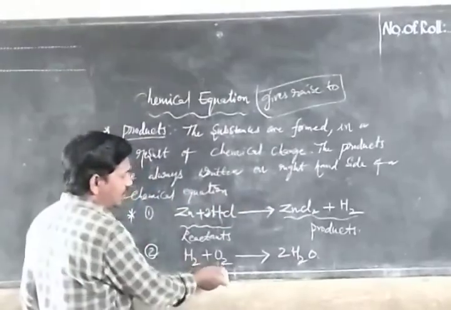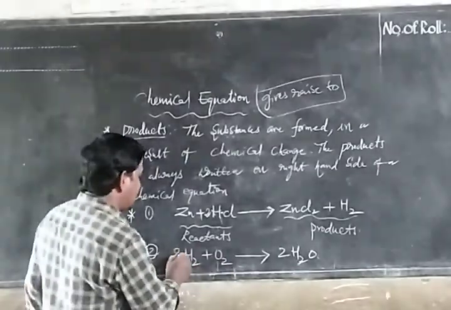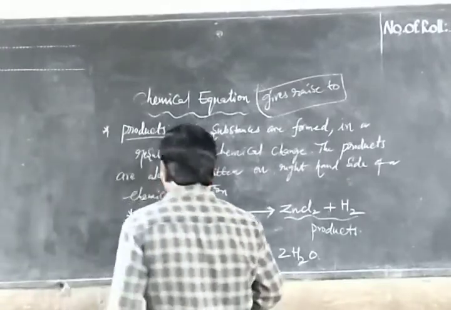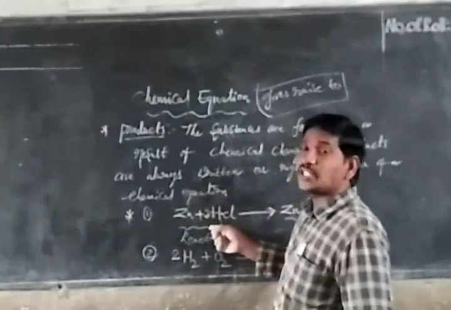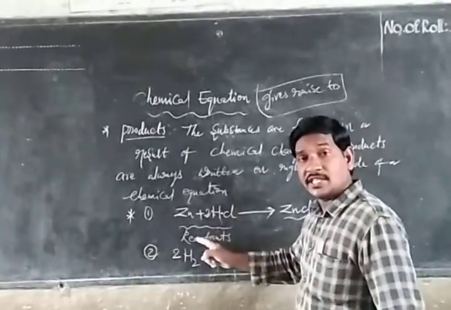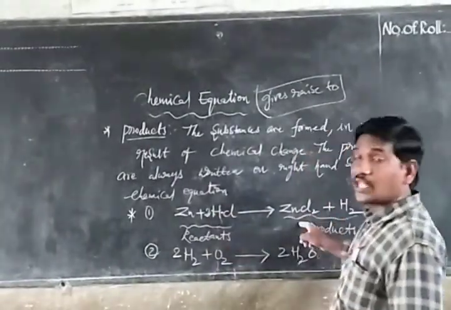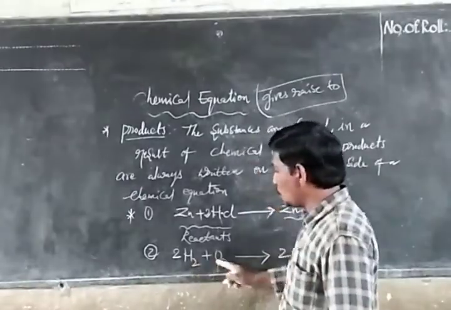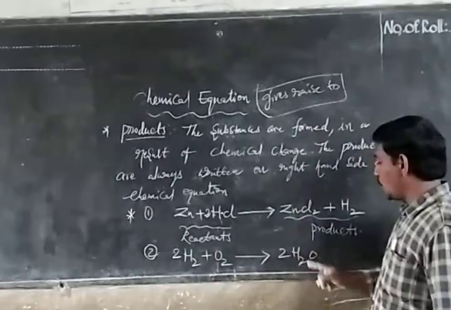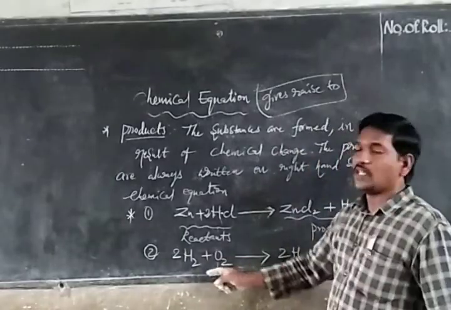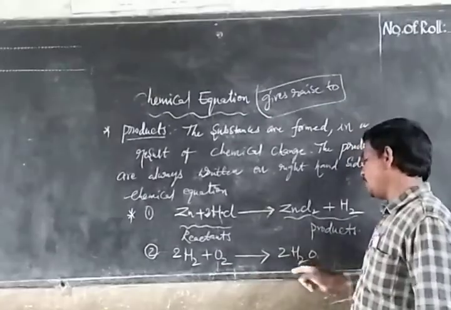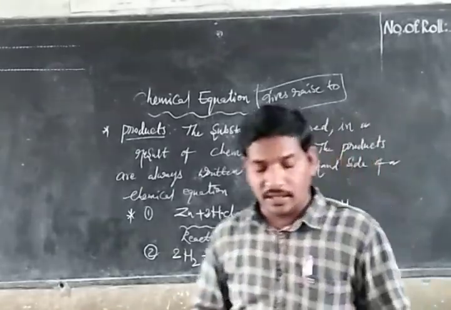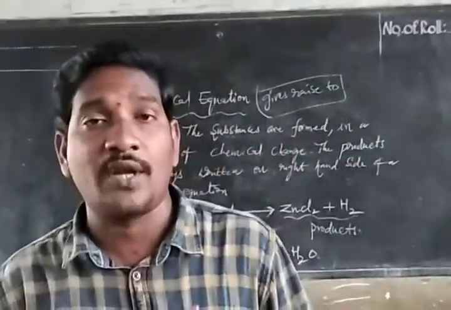We have to write 2 for balancing the equation. Here the reactants are connected by plus and products are also connected by plus. H2 plus O2, these are the reactants. 2H2O, water, is the product. Okay, students, this is the class for today. Some more concepts we have to learn tomorrow.